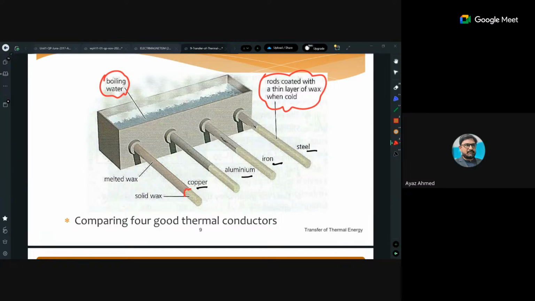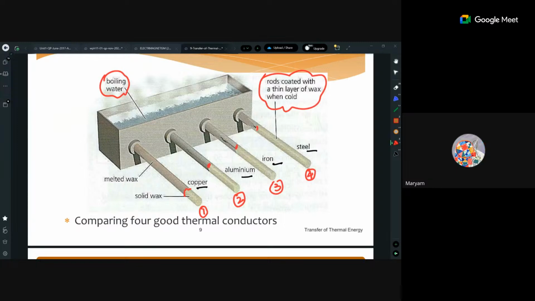So what is the order of conduction? See this one out: copper is the best conductor, second best is aluminium, third is iron, and fourth is steel. Got it? Is this all clear? Yes.